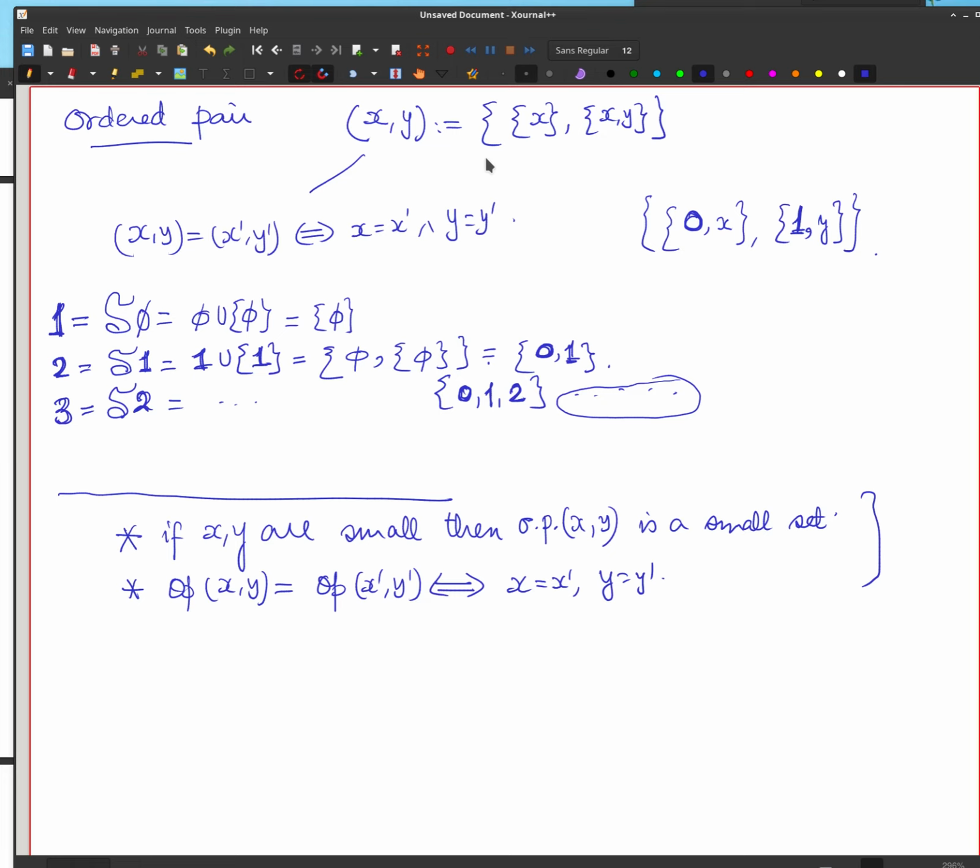And that actually gives rise to the notion of a relation. And the next, obviously, is the calculus of relations. I hope you have gone through this section.